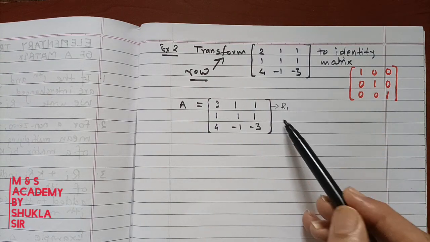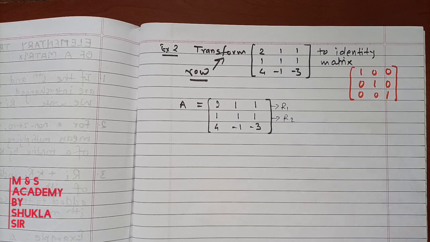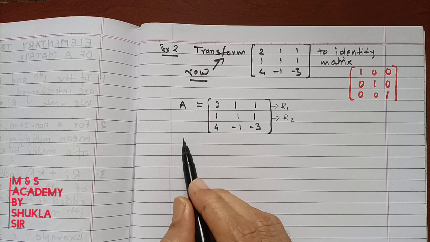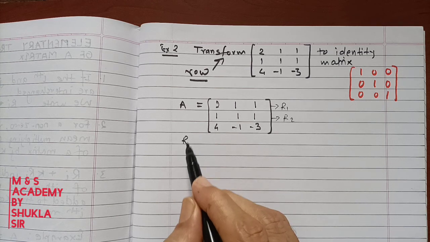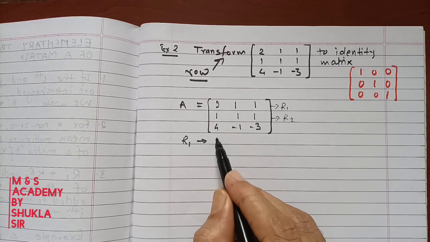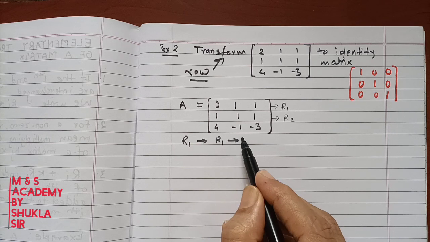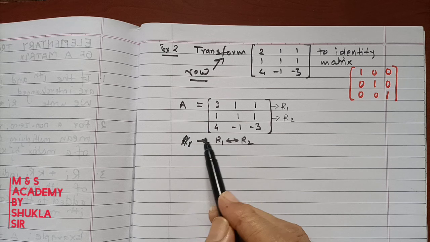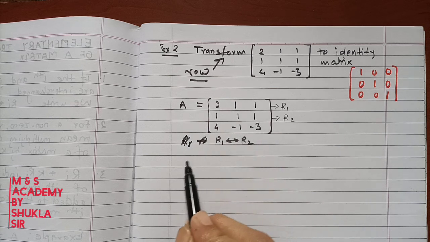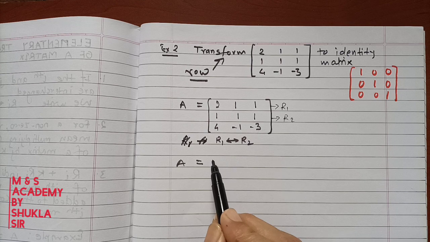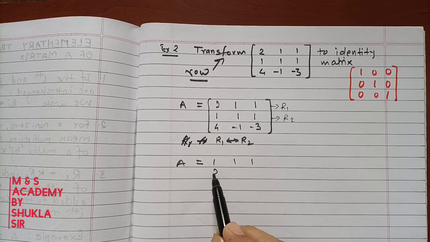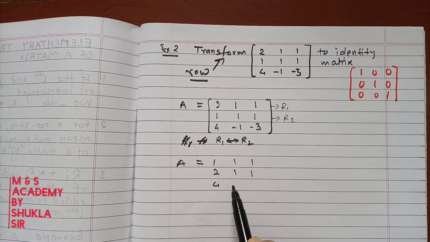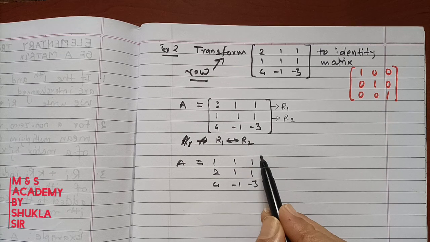So my first row transformation is interchanging R1 and R2. So matrix A becomes 1, 1, 1, 2, 1, 1. Since there is no operation on the third row, we'll write it as it is.